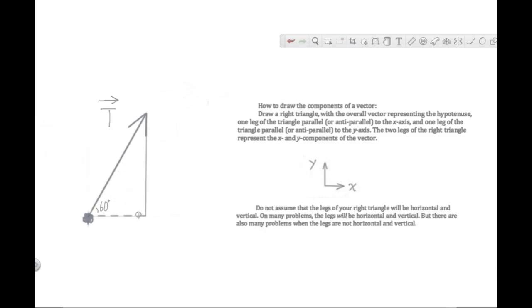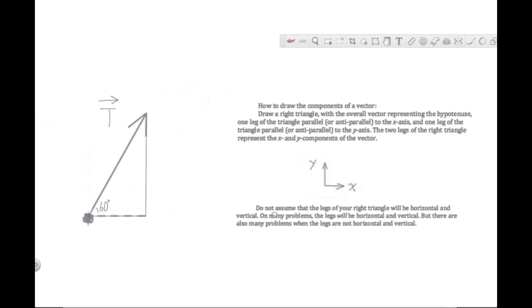Now, in this problem, the legs happened to come out horizontal and vertical because our axes were horizontal and vertical. But do not assume that the legs of your right triangle will always be horizontal and vertical. On many problems, the legs will be horizontal and vertical because your axes will be horizontal and vertical.